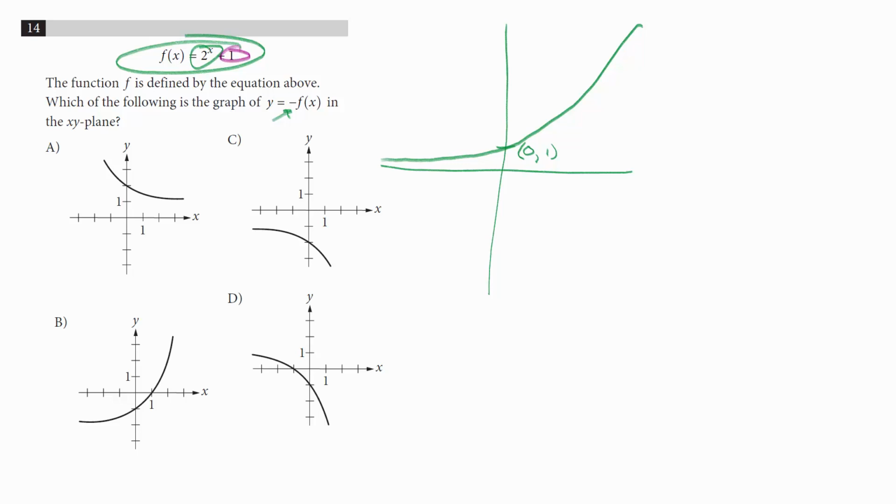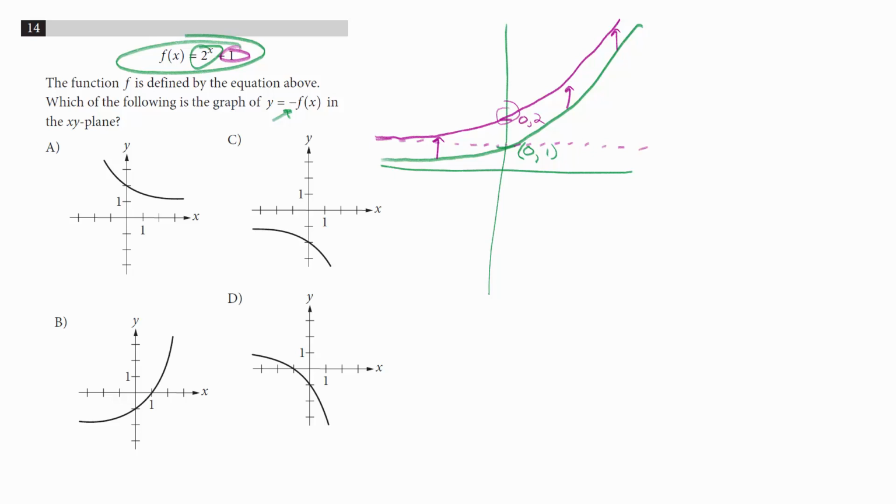But the addition of the plus 1 means that all of these values will shift up by 1. So the asymptote will occur at the function y equals 1, but it'll shift up. Everything shifts up so that it has a y-intercept of 0, 2.